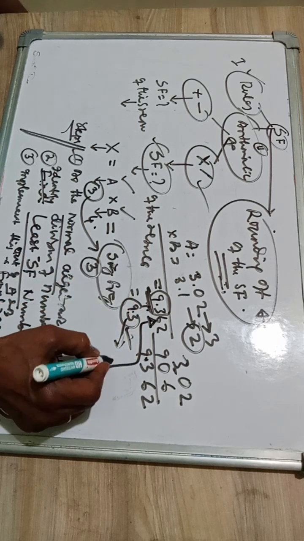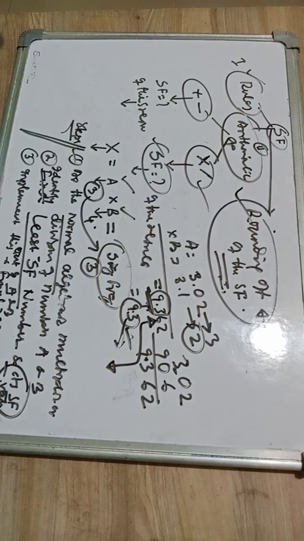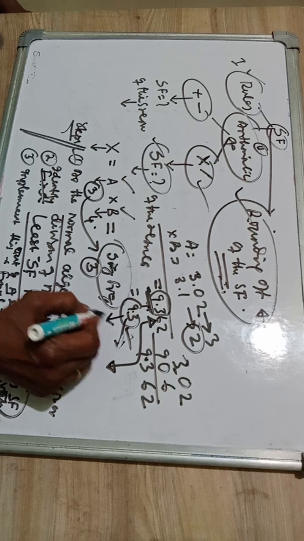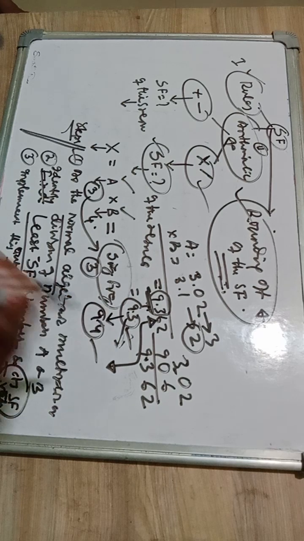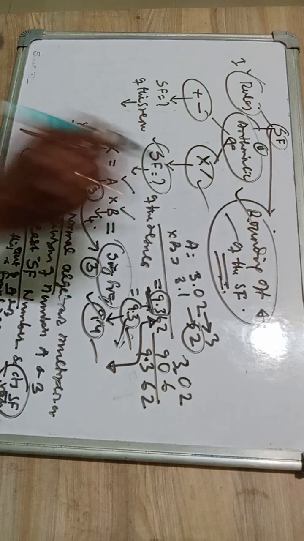In that case, we'll implement the rules for rounding off of the significant figure. Say here instead of 9.3, the result will be 9.4. We'll study now how this became 9.4 using rounding off.